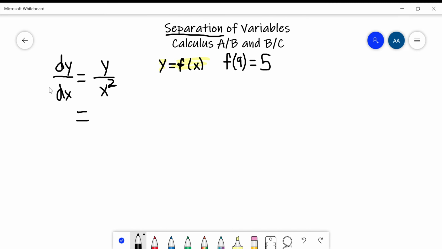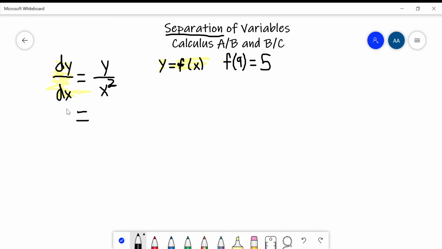Now you might notice that there's this dy dx. What some people don't realize is that when we initially learn about differential calculus, we see this dy dx as a kind of variable. We see it more as an actual fraction, and in reality it is a fraction.